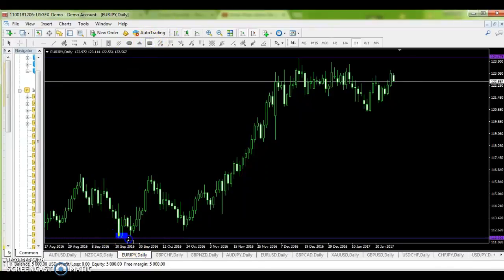For your convenience, I'm just drawing a rectangle over there. After this, there was a swing high. After this, there was a swing low. This is the low, high, and this is the higher low, because this low belongs to this high. This is the high and this is the low. Higher low, right? After this, the market has made a new high, as you can see.